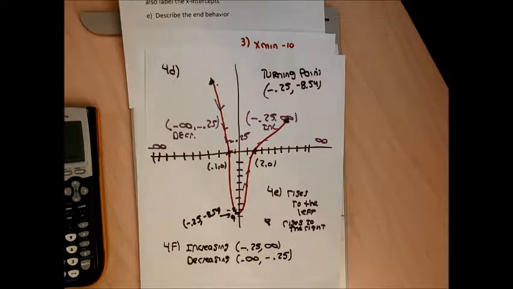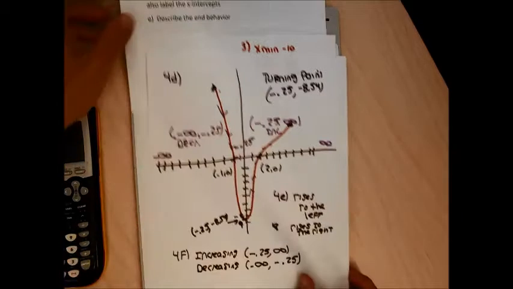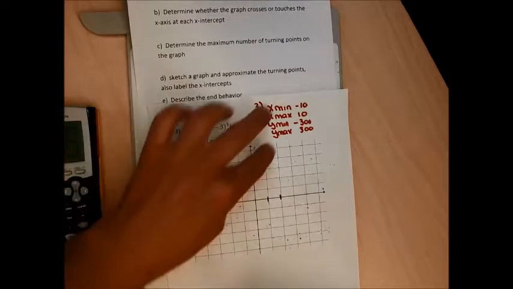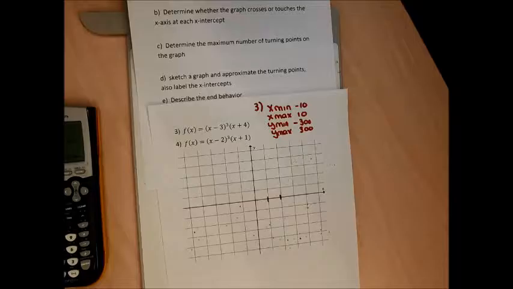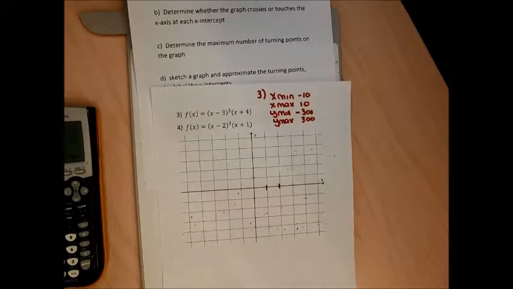All right, so go ahead and give number 3 a go with that window, not the lovely negative 10 to 10 window that I was able to do with mine. And I'll move on and do number 6.